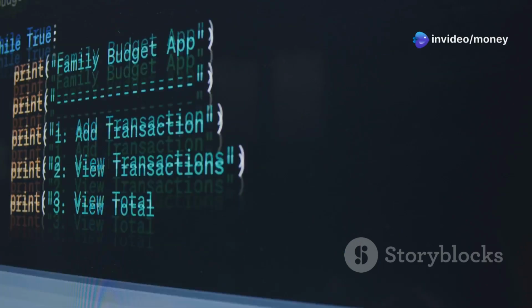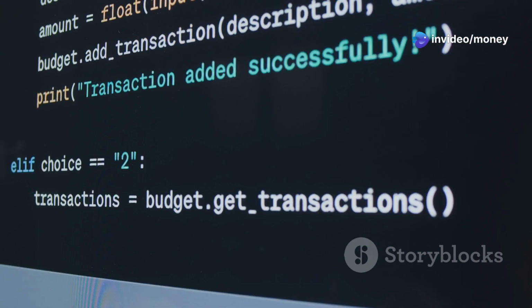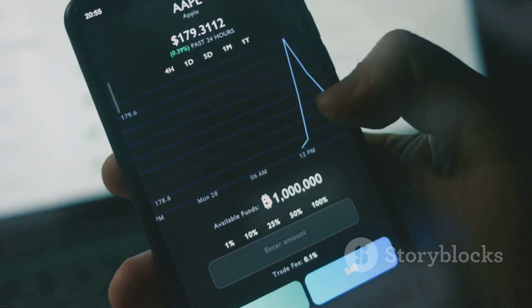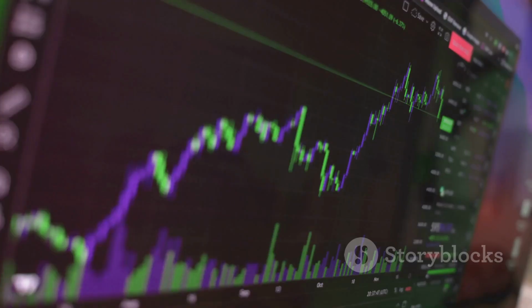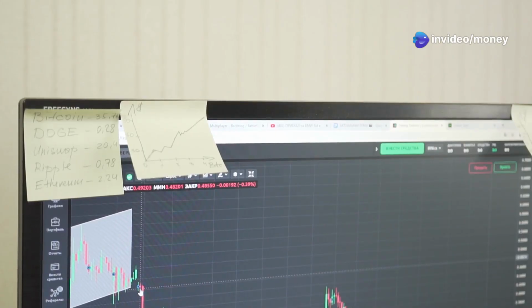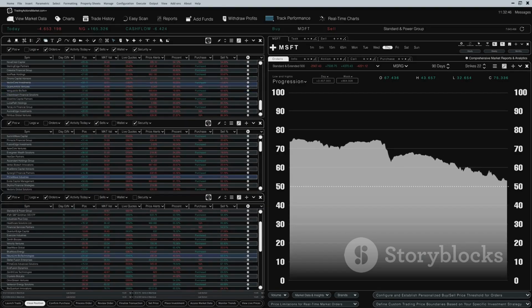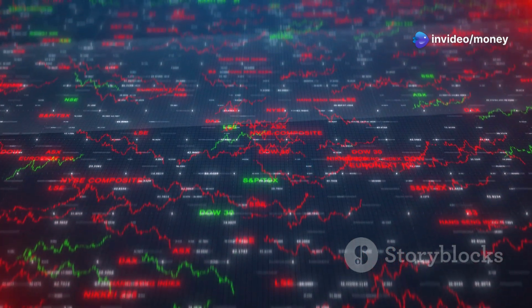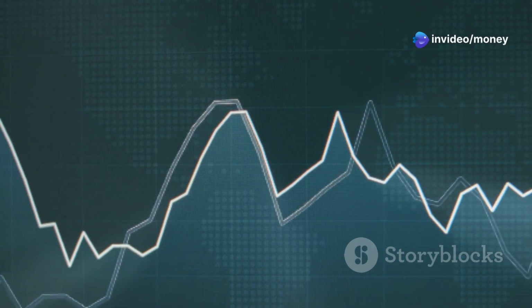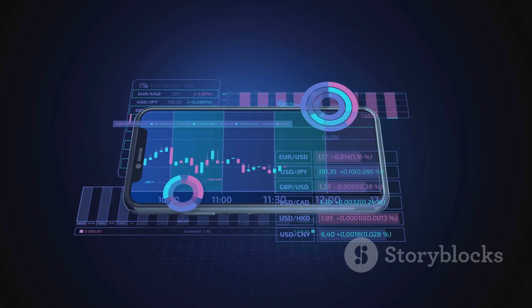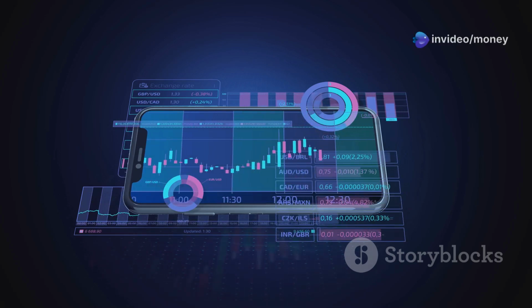Import yfinance as yf, import pandas as pd, import matplotlib.pyplot as plt, from ta.trend import PSARIndicator. data = yf.download AAPL, start 2023-01-01, end 2023-12-31. indicator_sar = PSARIndicator, high data high, low data low, close data close. data PSAR = indicator_sar.psar. plot data, label Parabolic SAR, marker o, line style, plot label date, plot label price, plot.title Apple Inc. AAPL closing price with Parabolic SAR, plot.legend, grid true, plot.show.